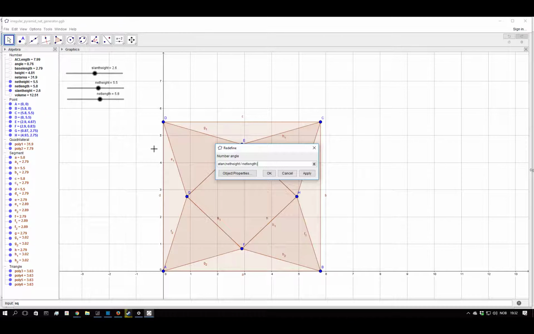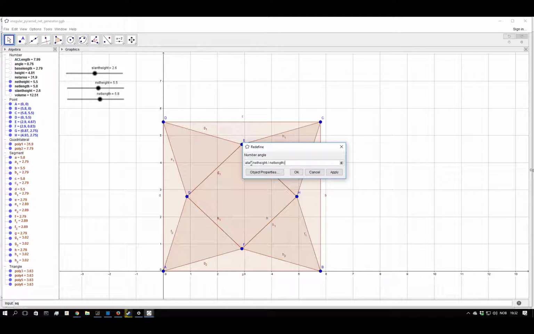The angle is given by arctan of net height over net length. So in trigonometry, you can find the angle in a triangle by taking the arctan function of the net height and the net length.